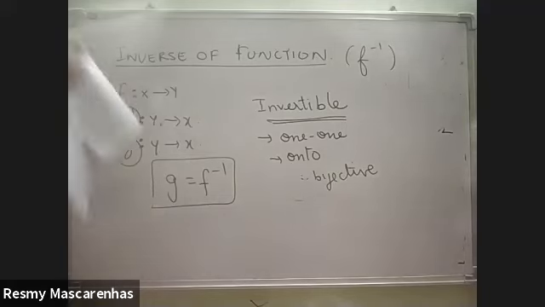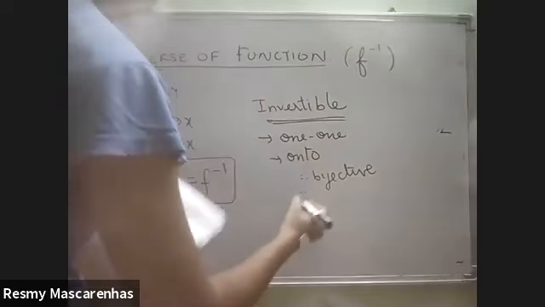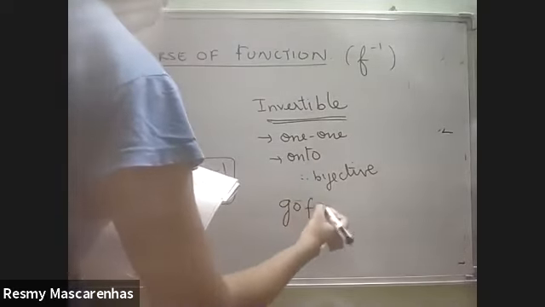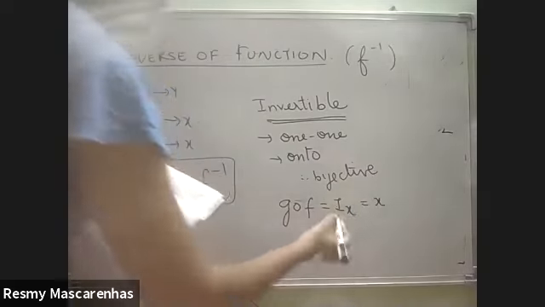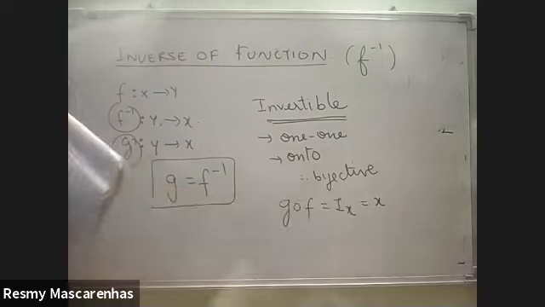Here also, using GOF and FOG you can show that it is invertible, or you can find its inverse function. The condition is GOF should be equal to IX. IX is nothing but X only, the identity element it is called.